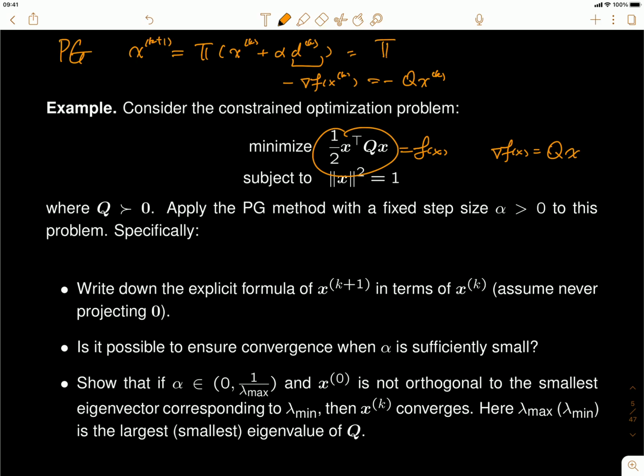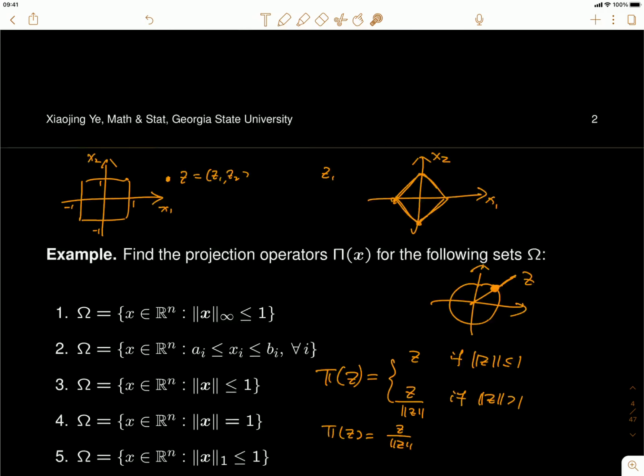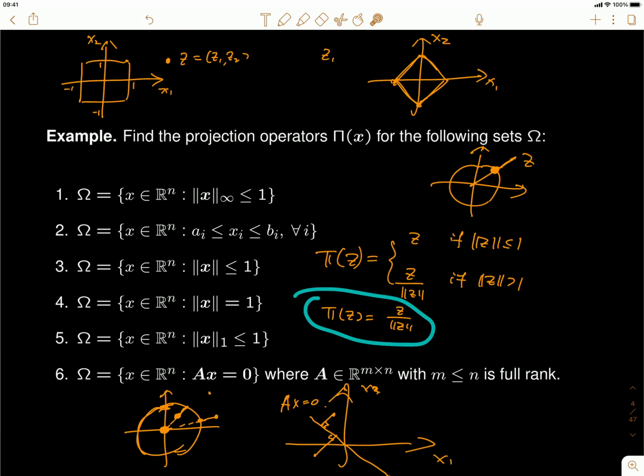Essentially, this is taking the projection of x_k minus alpha Q x_k, or we can combine the two terms: the projection of (I minus alpha Q) times x_k. So that's what each step is doing. Now we know what this projection will be because it's projecting to the sphere, unless z is 0.